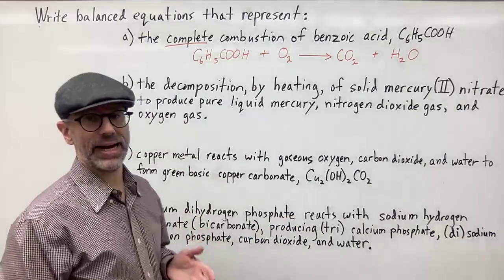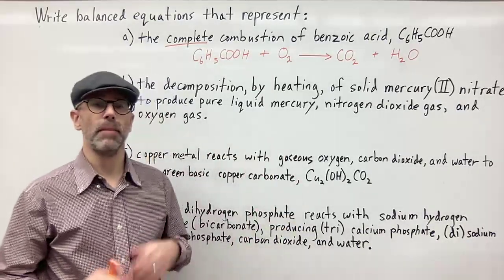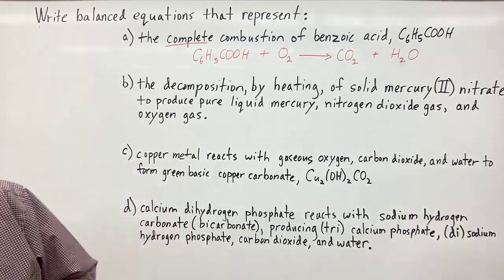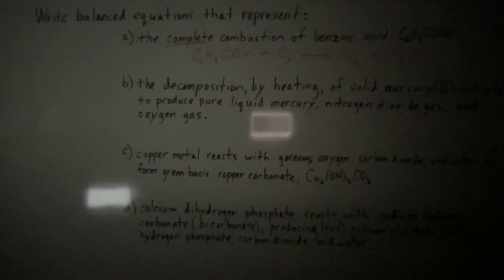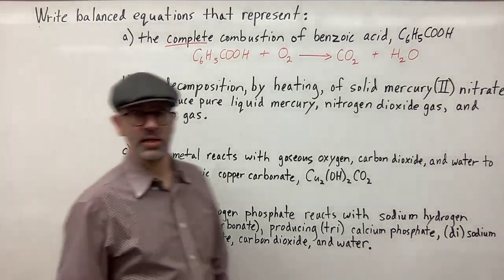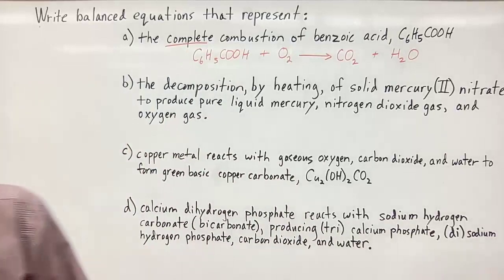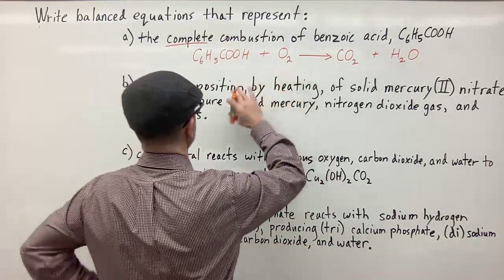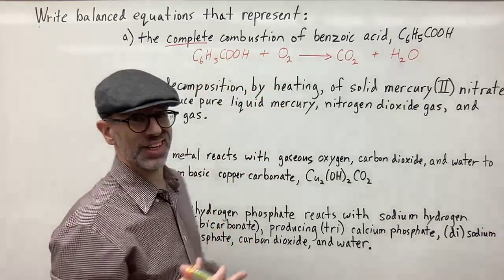Now that I have this skeletal structure, I have to balance the equation and write the states of matter. For the states of matter, since this is undergoing combustion, you burn things that are solids.